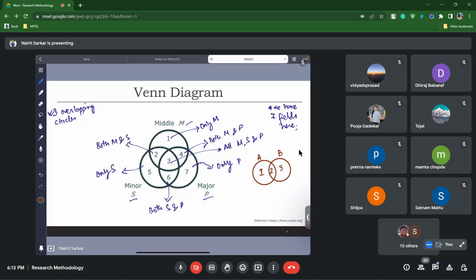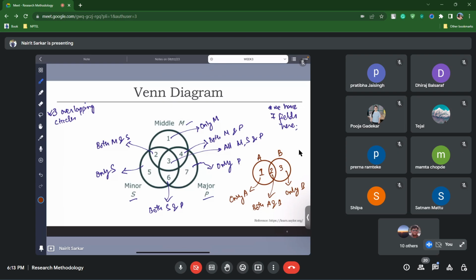Can anyone tell me? Only B. Which one? 1, 2 or 3? 3 means only B. And this one, 2? A and B both. And 1 is obviously only A, right?